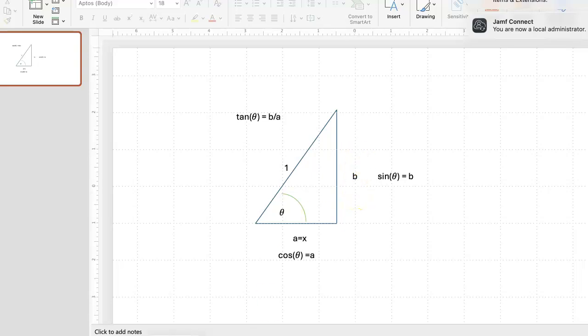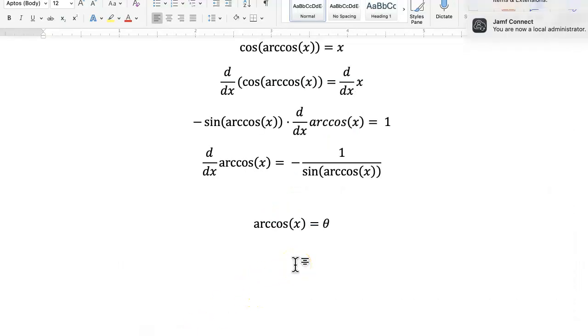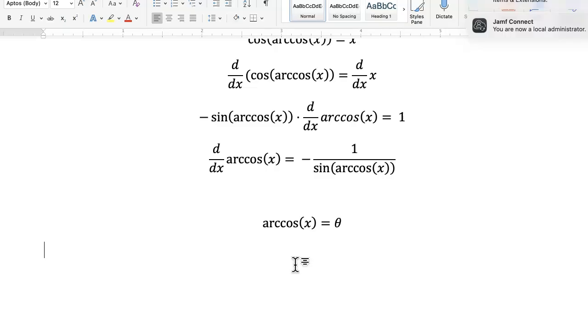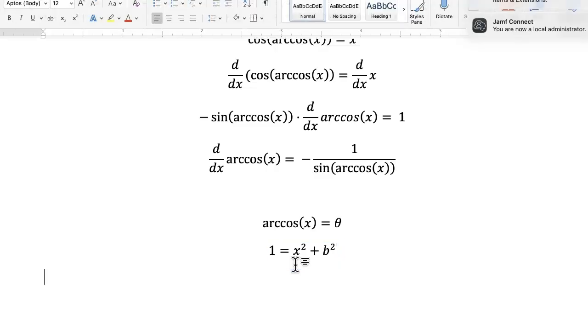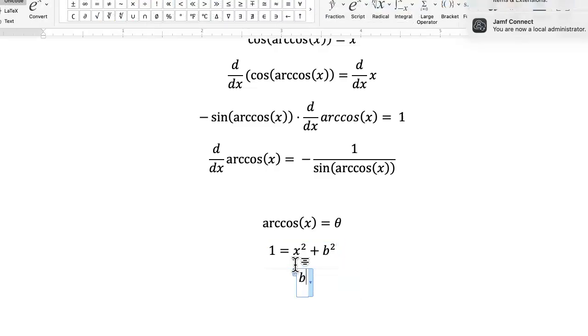And we know that because this is a unit circle, 1 is x squared plus b squared. And so b is the sine of that angle. We're just going to solve for b, which is the square root of 1 minus x squared.